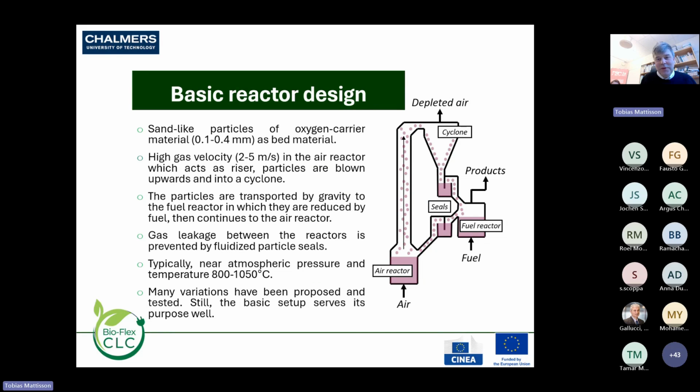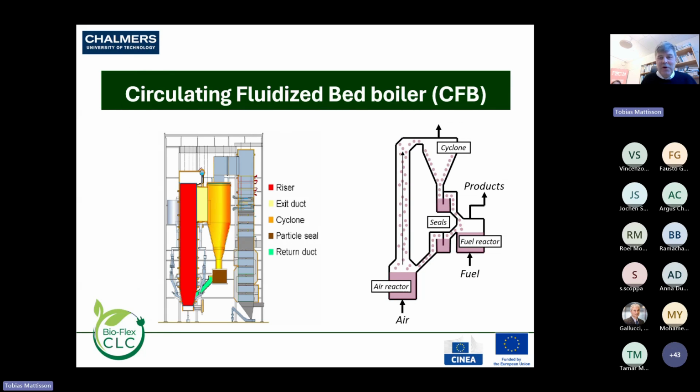In the fuel reactor, the fuel can be a gas, a solid or a liquid, and it's usually fluidized with CO2, H2O, or recirculated gases. What is very nice is that we have seen in the community quite early the similarity between chemical looping and a circulating fluidized bed.